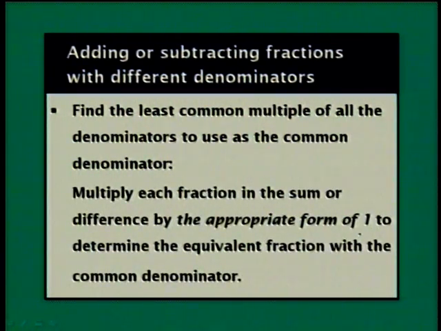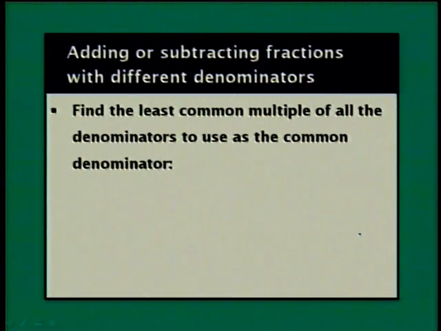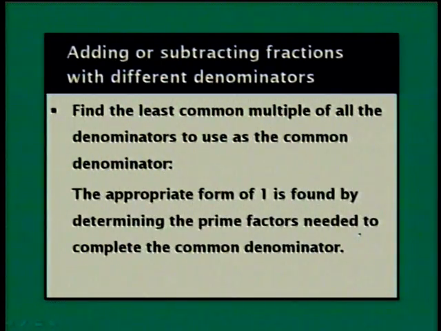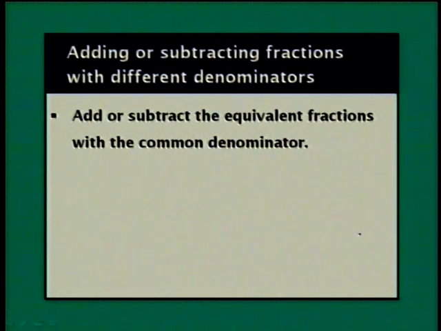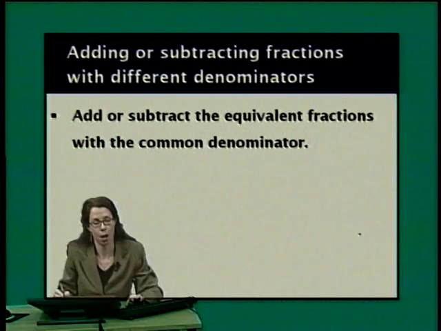Multiply each fraction in the sum or difference by the appropriate form of 1 to determine the equivalent fraction with the common denominator. And this appropriate form of 1 is found by determining the prime factors needed to complete the common denominator. When we're done with all that, we just add or subtract the equivalent fractions with the common denominator.